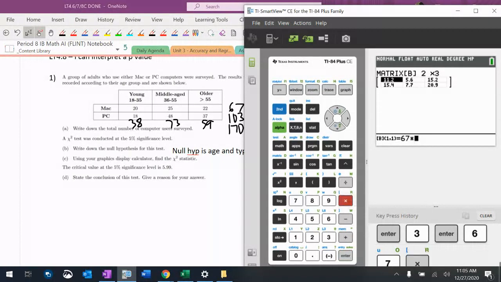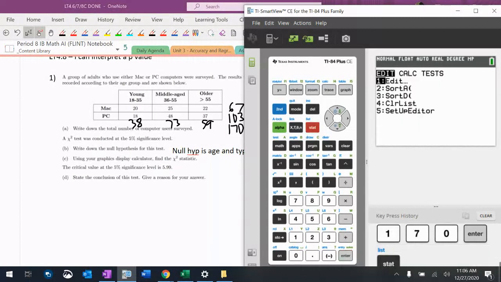So 67 times 38 divided by 170. 67 times 73 divided by 170. 67 times 59 divided by 170. 103 times 38 divided by 170. 103 times 73 divided by 170. And 103 times 59 divided by 170.